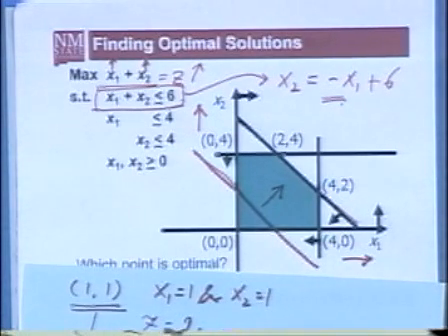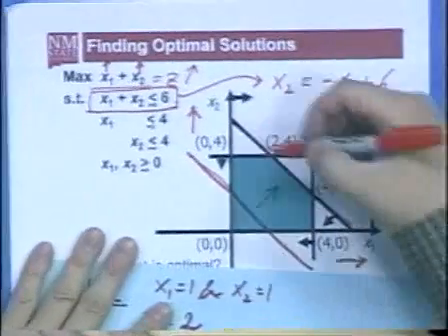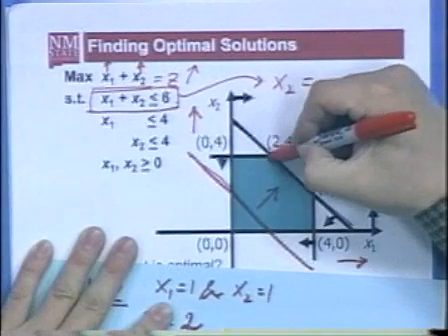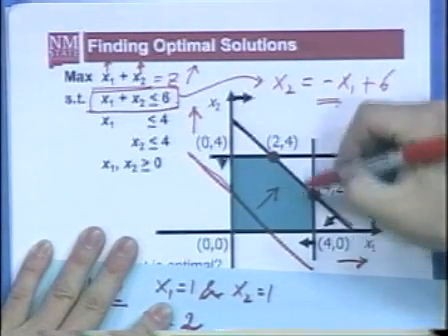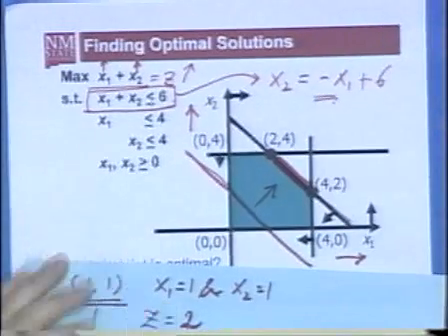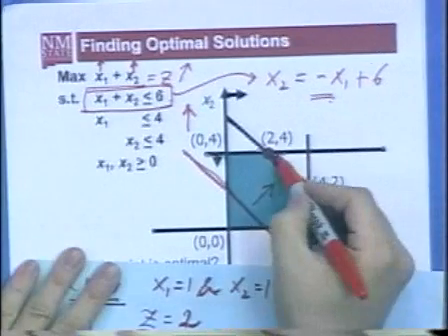Infinite number of optimal solutions we have, which means every point between these 2 points, right, will be the optimal solution, right?